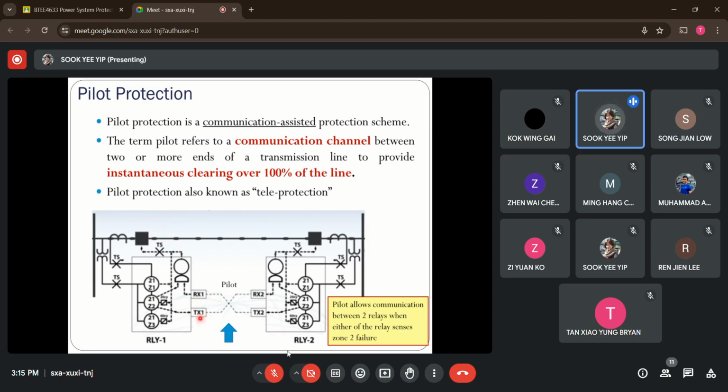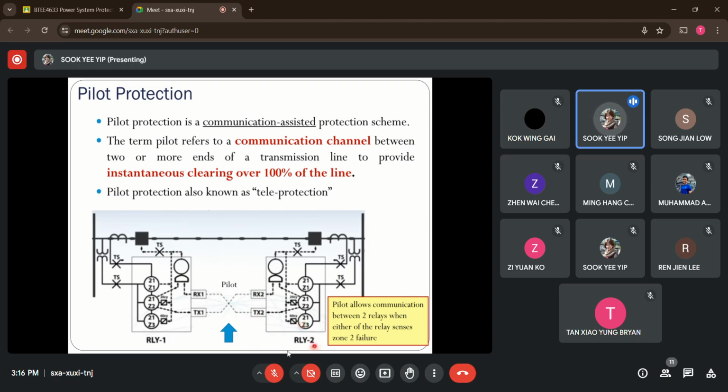So via the transmission port, it will actually send the tripping signal to relay 2 here, before relay 2 is able to sense the fault in its second zone of operation. So imagine you are in the position of relay 1. Whenever you sense a fault occurring at your side, you call your friend, who is located at the other end here, and ask your friend to trip the breaker first. So this is how the pilot protection scheme works.